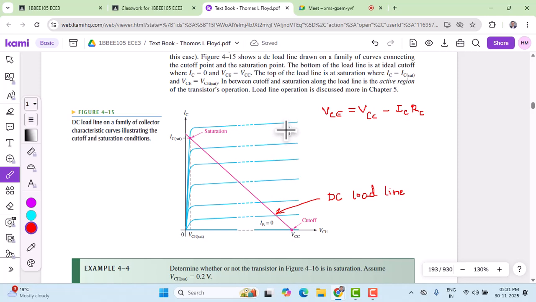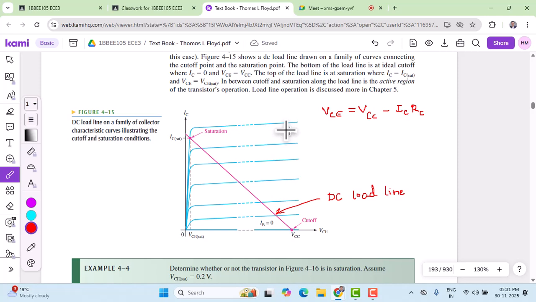Why did I do it like this? Because I'm trying to make this a straight line equation. Equation 1 represents a straight line. So I rearranged this equation according to the variables y and x.